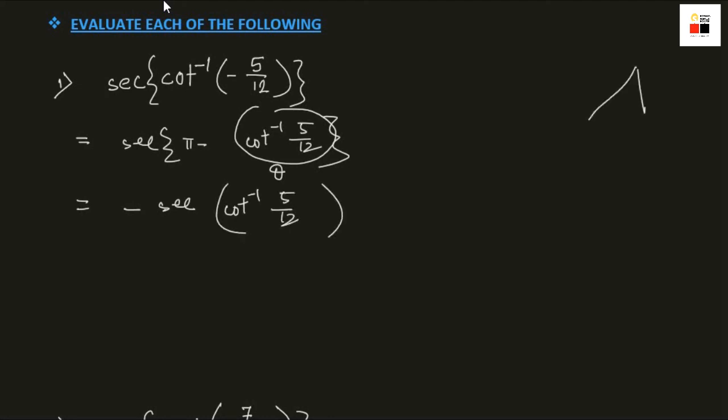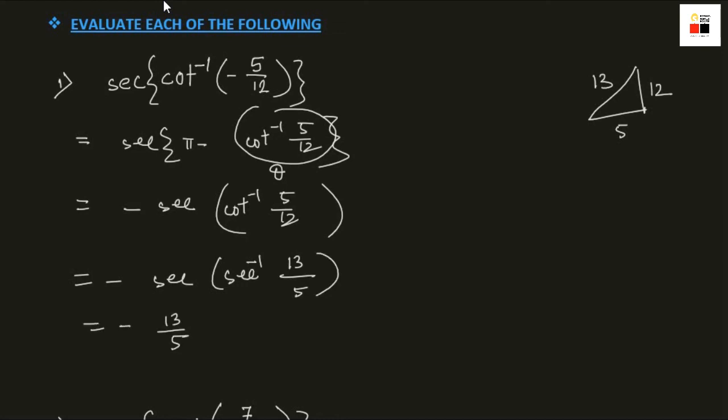If we take a right angle triangle whose base 5, perpendicular 12, hypo will be 13, this is equals to minus sec of sec inverse 13 by 5. This is equals to minus 13 by 5. This will be the answer.